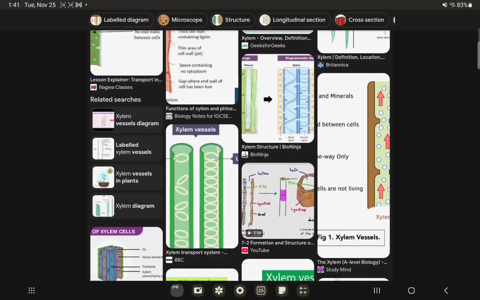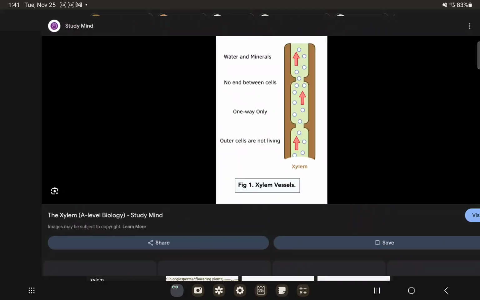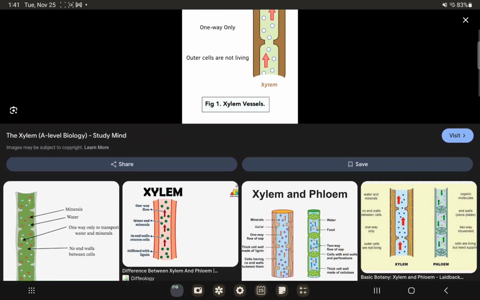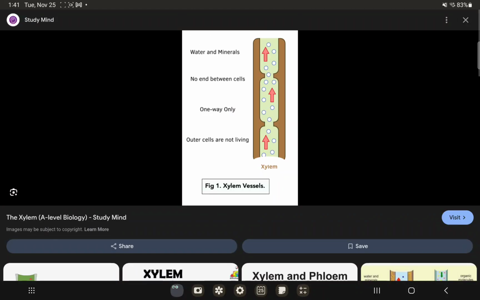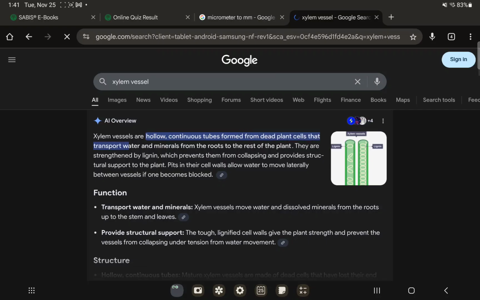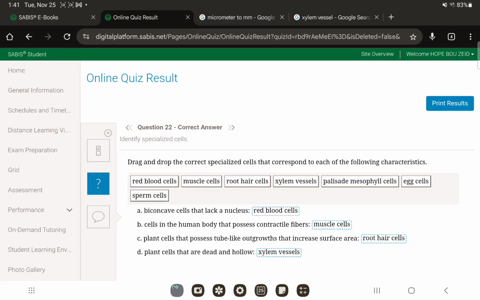Yeah, we don't really study what a xylem vessel looks like, but you just have to memorize that it's something in the plant cell that is dead and hollow. So hollow continuous tubes formed from dead plant cells that transport water and minerals from the roots to the rest of the plants. So there you have it.